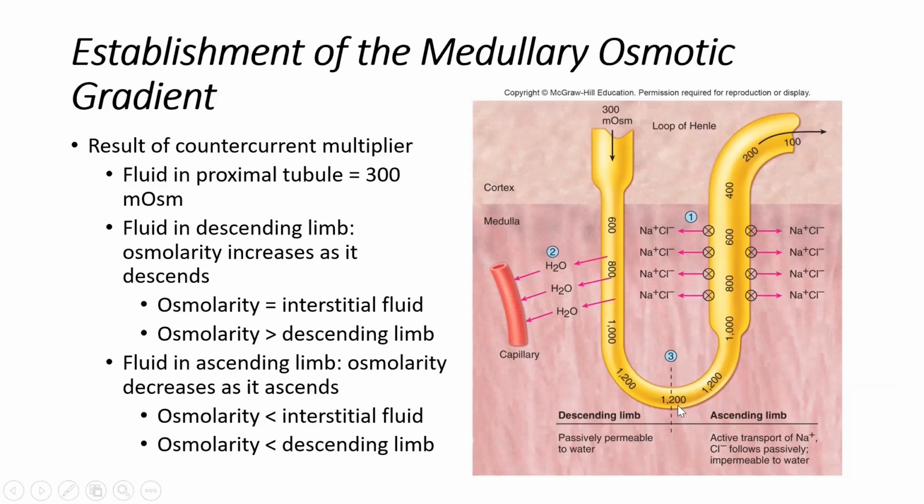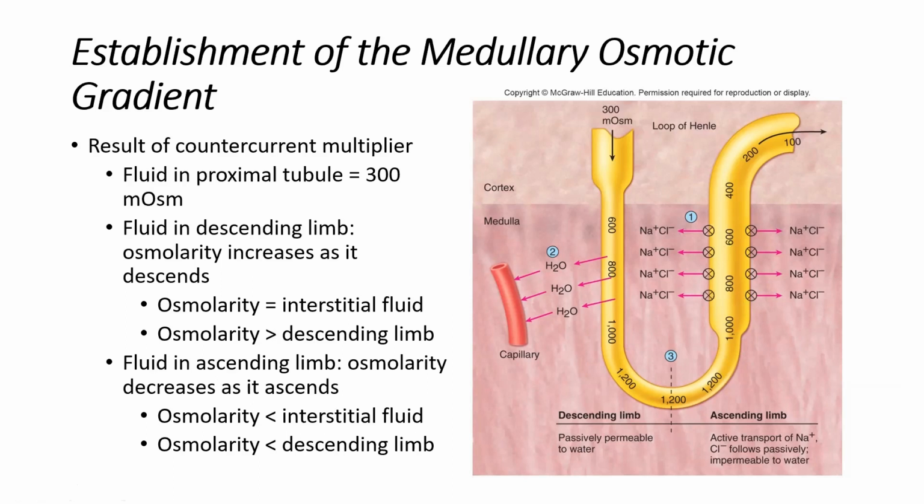Looking at the ascending limb, we see that the opposite is true. The ascending limb is only permeable to solutes, so not permeable to water at all. And so the osmolarity here is going to get increasingly lower. So as we move all of those solutes out of our filtrate, where we had a really high concentration of solutes, we now see that the osmolarity goes in the opposite direction. It gets less than it is in the interstitial fluid, but it also gets lower than it was in the descending limb, right?